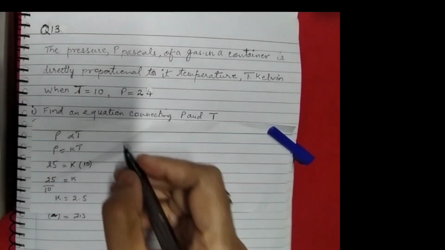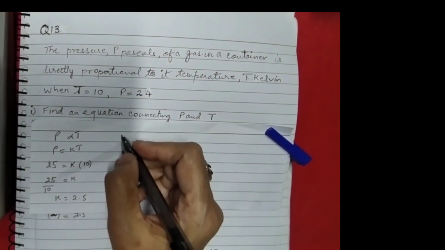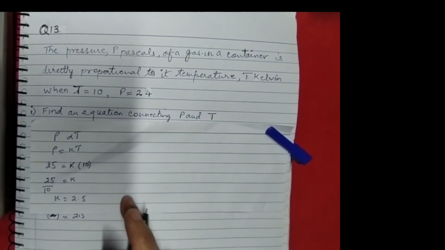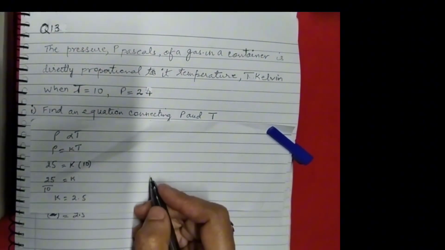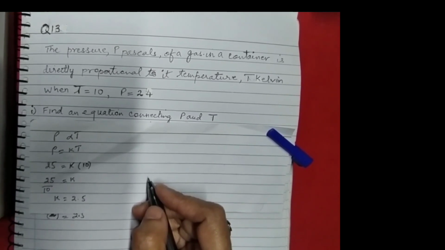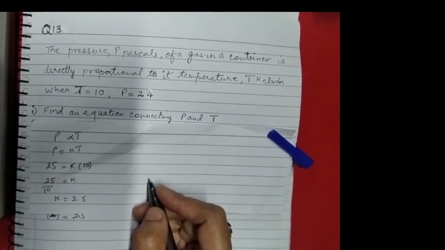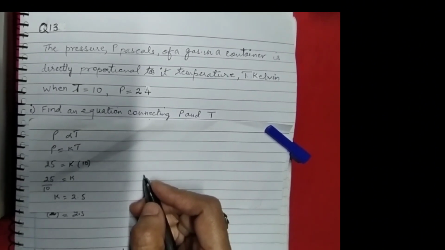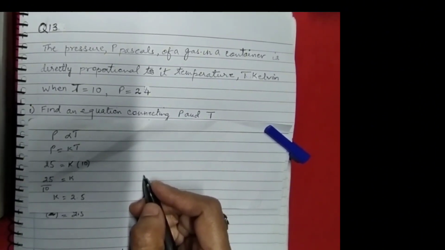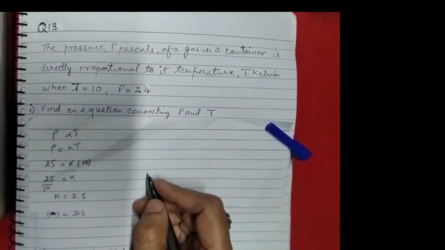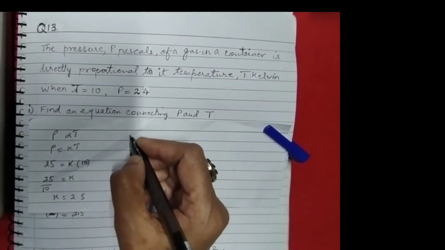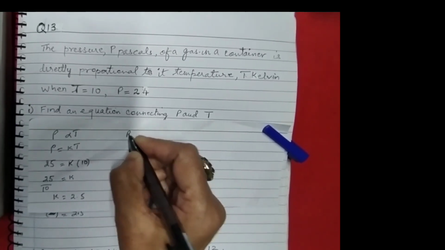Okay. After this, another question. The second part of the question is the pressure P. Find the equation connecting P and T. So we want to know the connectivity of P and T. So here we'll write this equation. P is equals to KT.